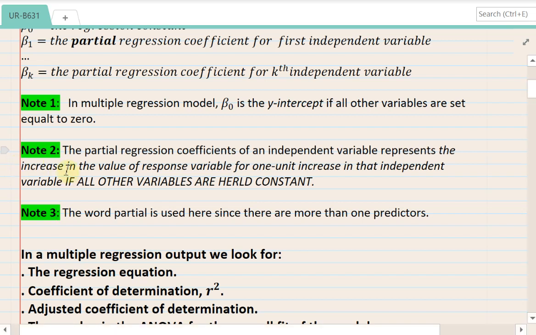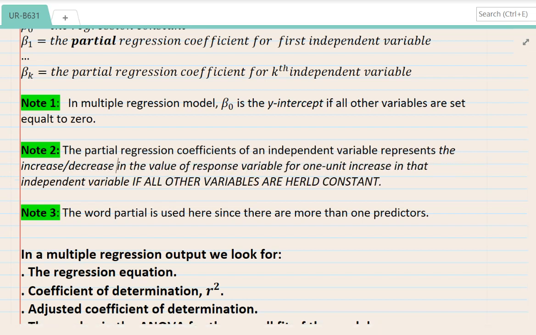So maybe I best change that to increase/decrease actually in this one, because again, it could be positive or negative. If it's positive, the coefficient is an increase. If it's negative, it's a decrease. But here's what's important. Partial means all other variables are held constant. That's what that is, assuming all else being equal.